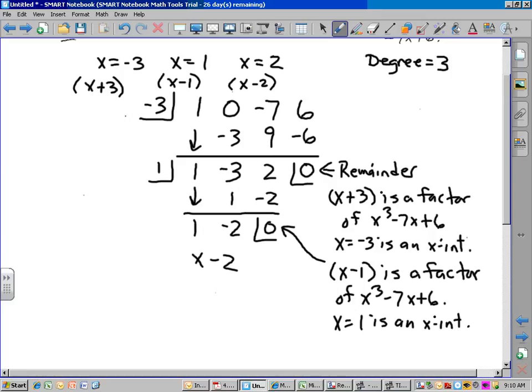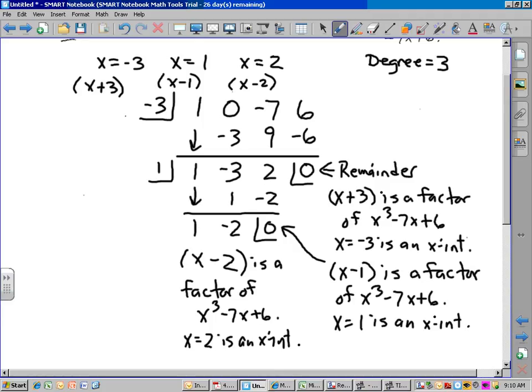We can simply say that x minus 2 is a factor of x cubed minus 7x plus 6. And we can say that x equals 2 is an x-intercept, which we already knew.